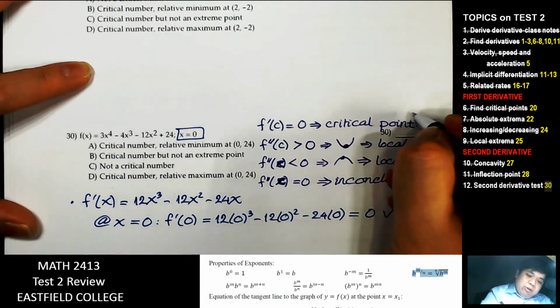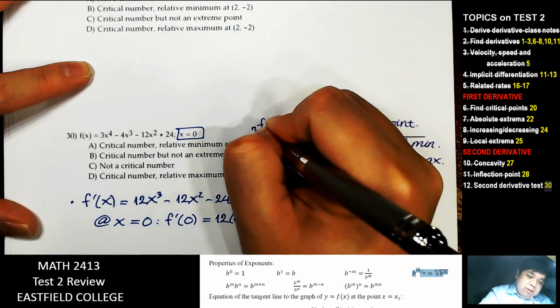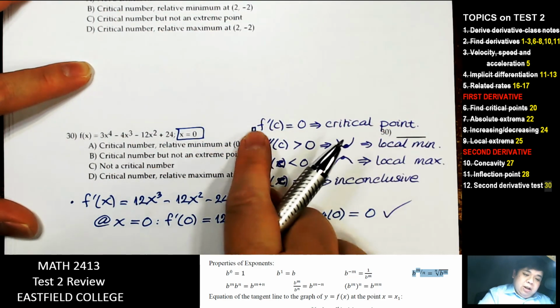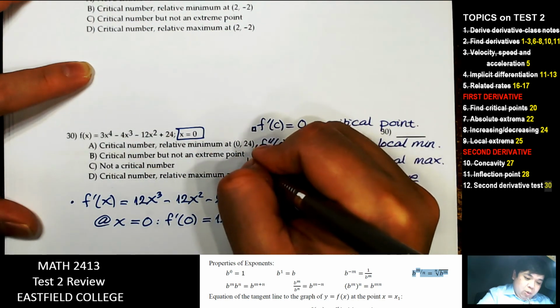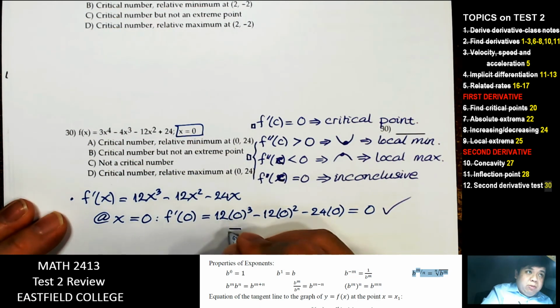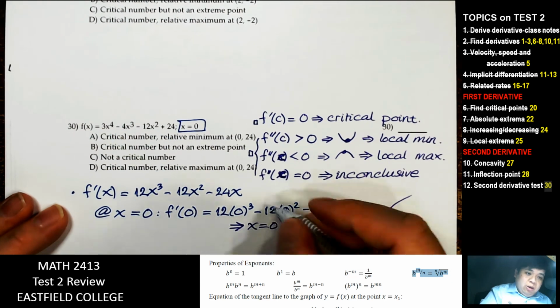Yes, so the first point here, check. So there will be 2 steps to the problem. Do that first, and then one of those 3 will pop up. So it is equal to 0, which means x equal to 0 is a critical point.